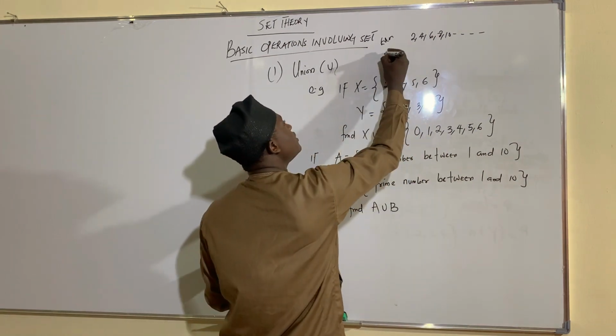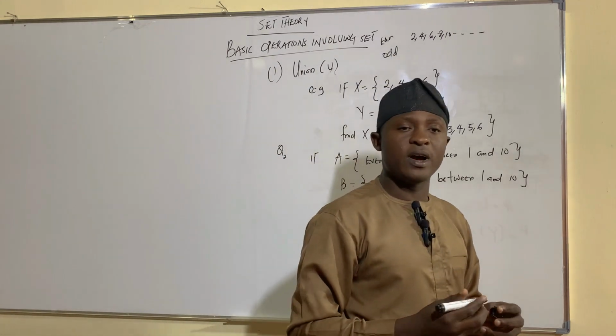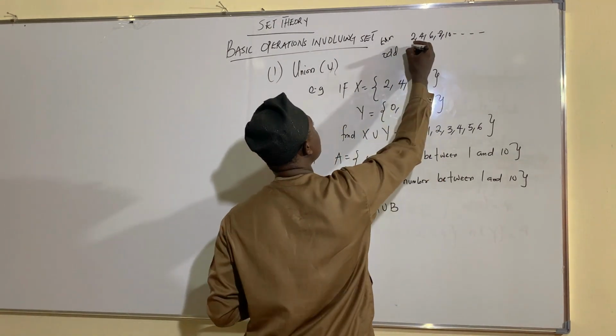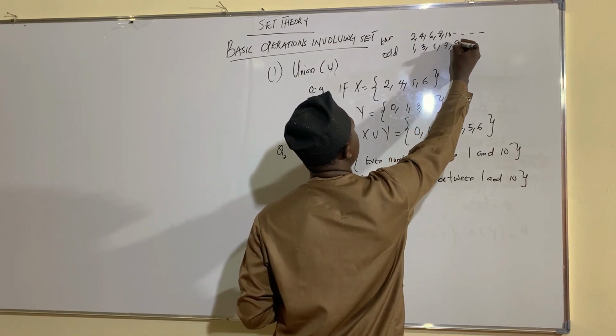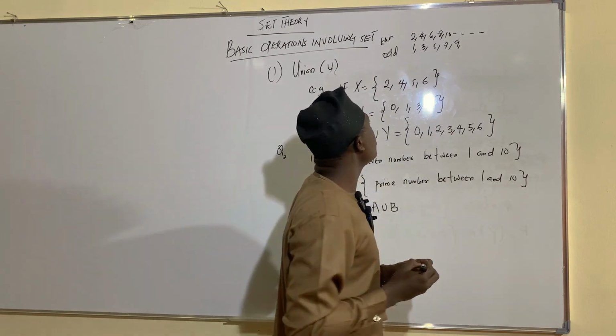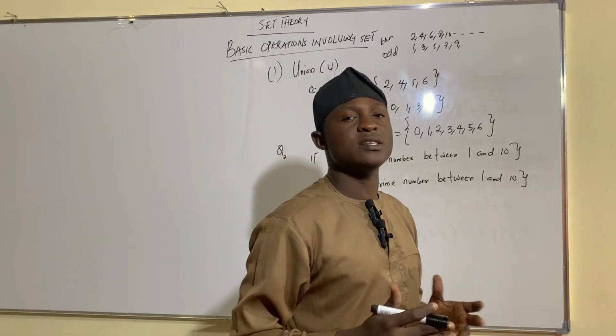We have even numbers, prime numbers, odd numbers, and so on. Odd numbers simply mean the opposite of even numbers, like 1, 3, 5, 7, and 9, for example. But there's a little difference between prime numbers and odd numbers.